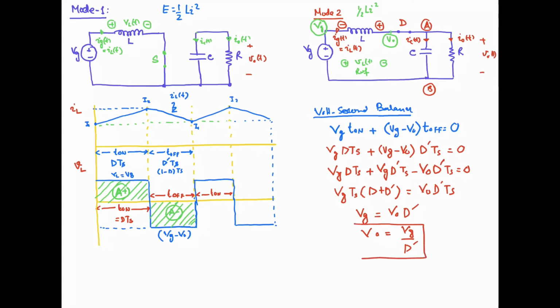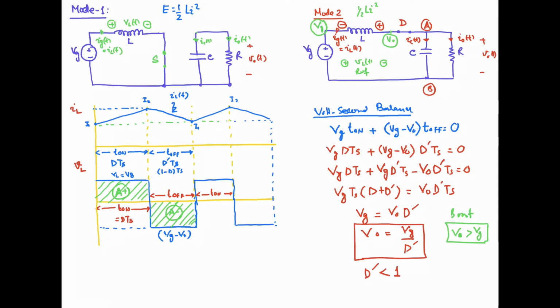And what is the range for D prime? D prime is less than 1, right? So it means that our output voltage will be higher than the input voltage. So this is the boost converter, because it is going to give you a higher voltage at the output. So V naught will be higher than the source voltage Vg, and that's why we call it the boost converter.